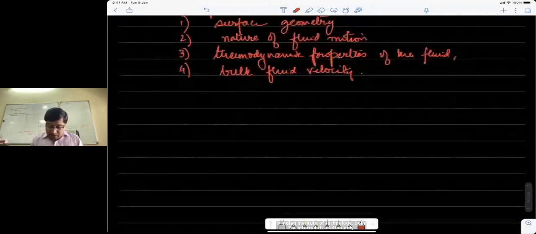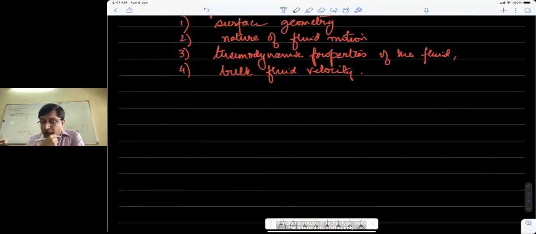The last thing I want to say about convection is to give you an example of the magnitude of the heat transfer coefficient, what kind of numbers we will see when we do our calculations. So let me define the values based on the process.